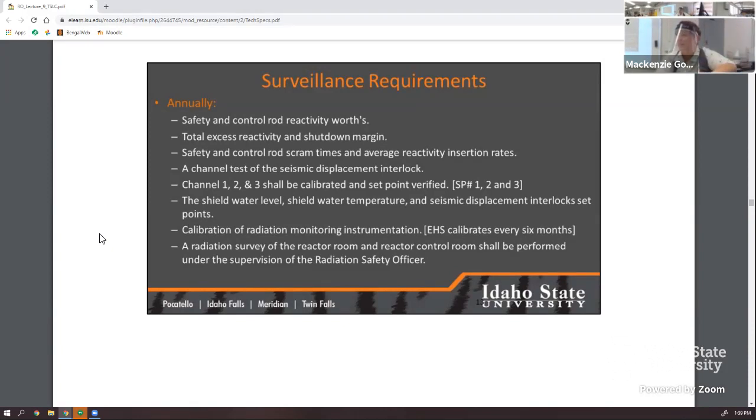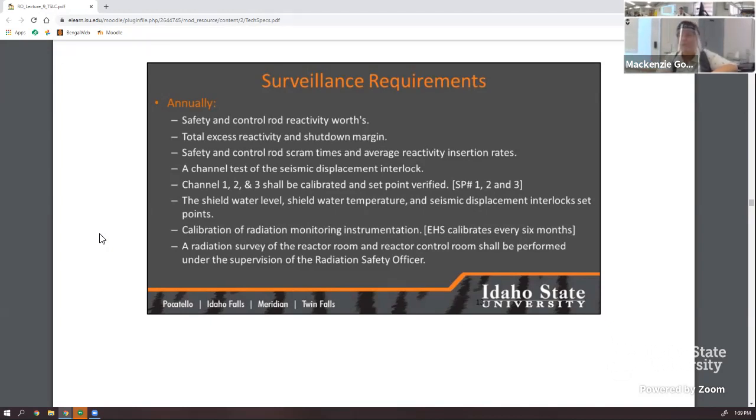So if you do remember the list, would that be acceptable to tell them? Yeah, tell them. I mean, if you know it, say, I know that annually we have to verify the safety and control rod worth, and here is the form or the procedure that we do for this, right? So certainly knowing it is great, right?